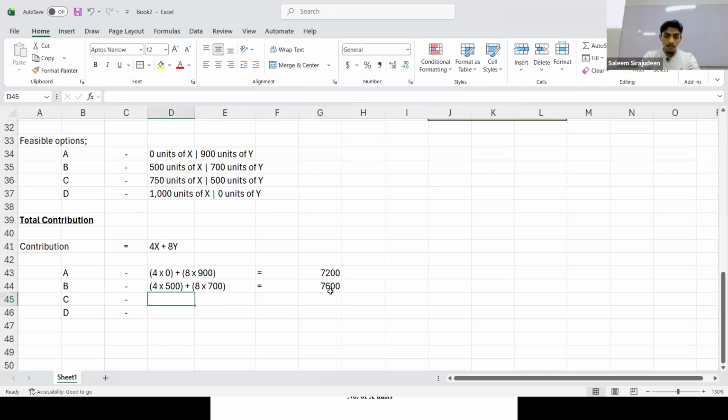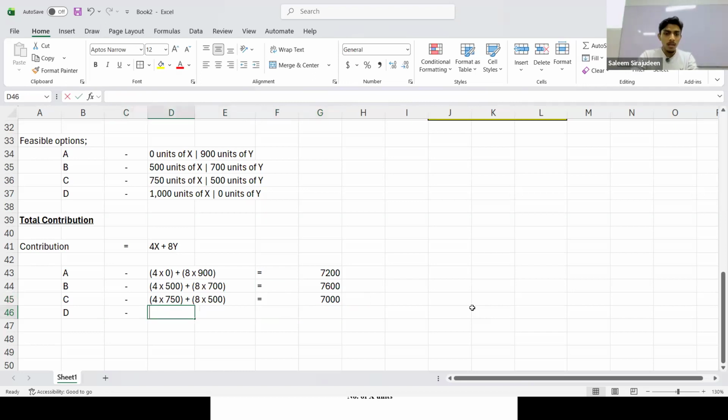Right. At the point C, 4 into 750 plus 8 into 500. Online students, I believe that you can understand. So if you do the calculation, it will be 7,000, right?